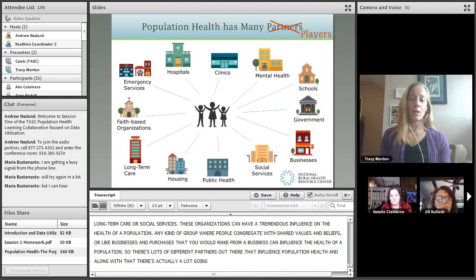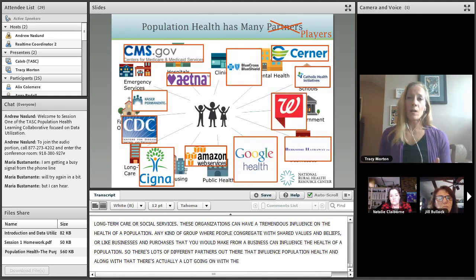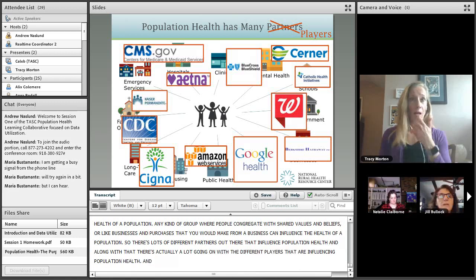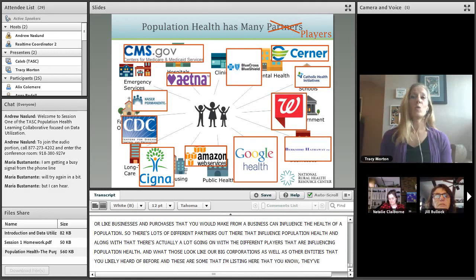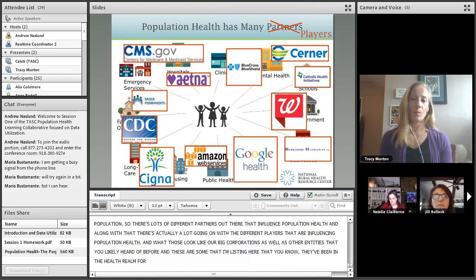Faith-based organizations can have a tremendous influence on the health of a population. Any group where people congregate with shared values and beliefs, or shared likes too, like businesses, and purchases that you would make from a business can influence the health of the population. There are lots of different partners out there that influence population health.